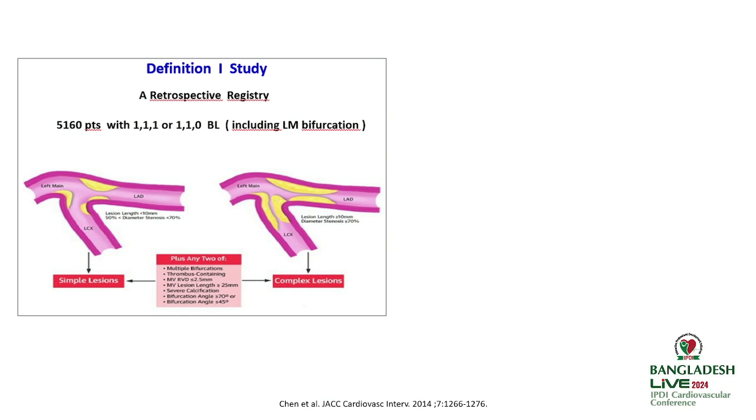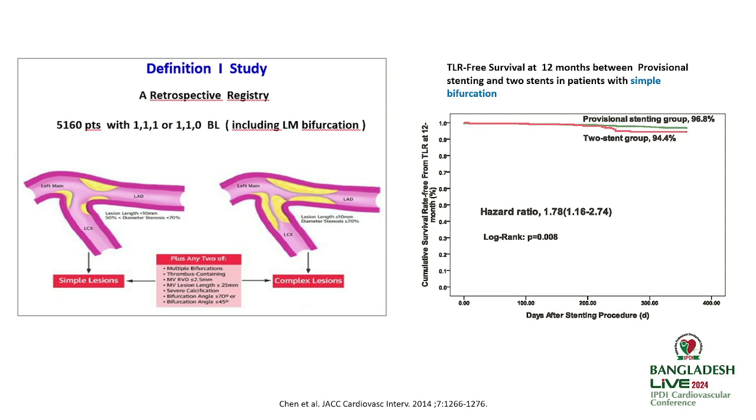If we look on the DEFINITION study based on different criteria, major criteria and minor criteria, I do not want to go through it, but just to show you that if you have more criteria to characterize the plaque, you might have different outcomes. Like in definition 1, you see that double stenting technique in simple bifurcation is doing worse than simple stenting, that is provisional stenting.